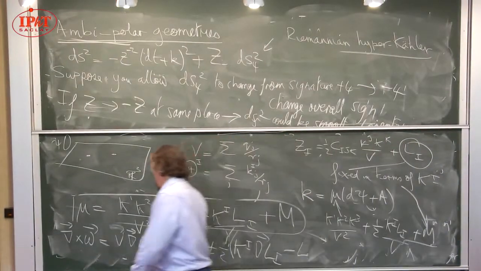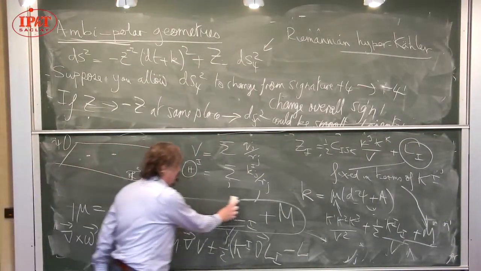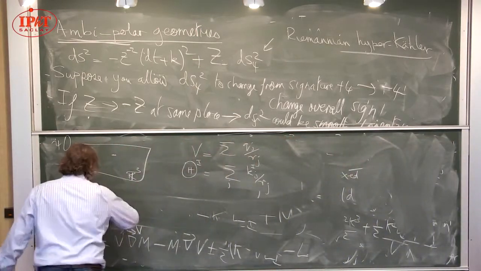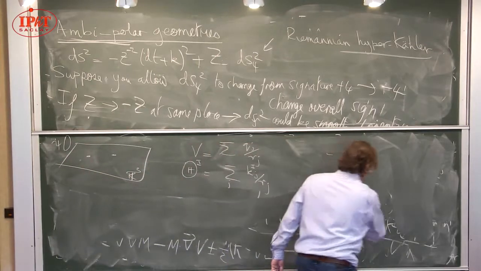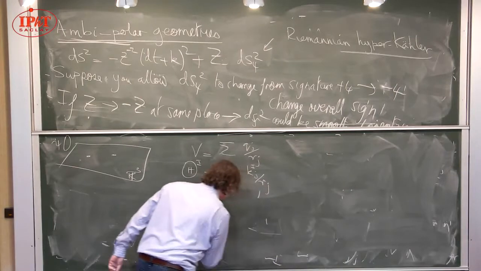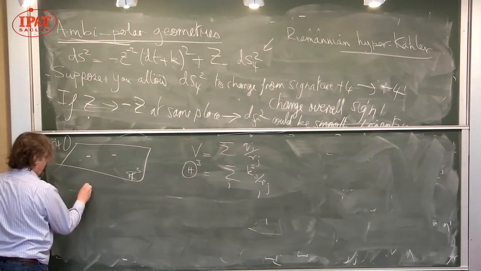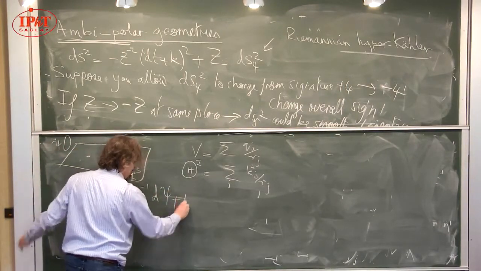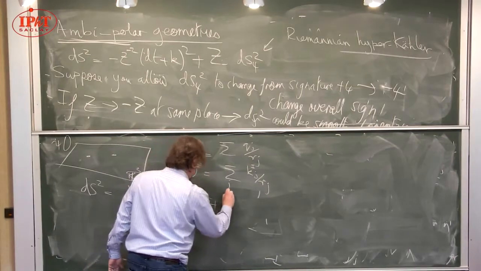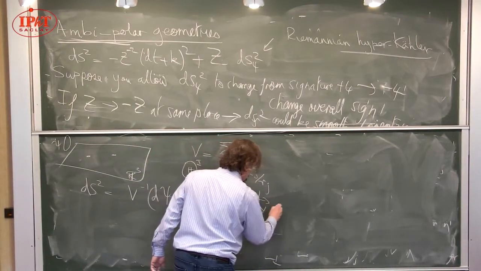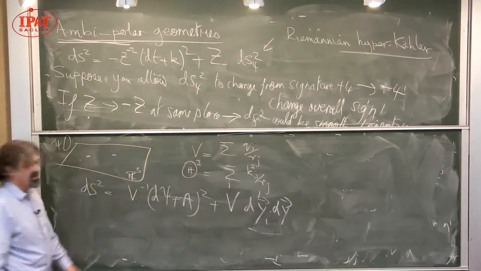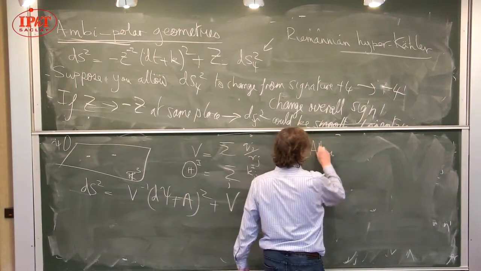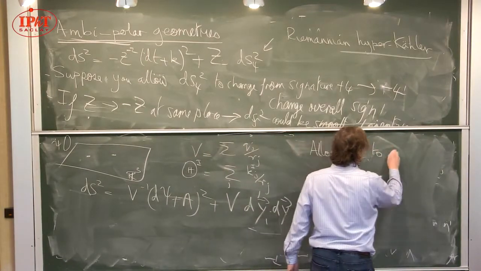If you look at it in terms of the Gibbons-Hawking space, what we have for Gibbons-Hawking is ds4 squared equals V to the -1 (dψ plus A) squared plus V dy dot dy. What this means is we're going to allow V to change sign.